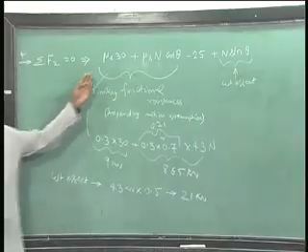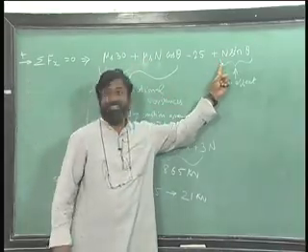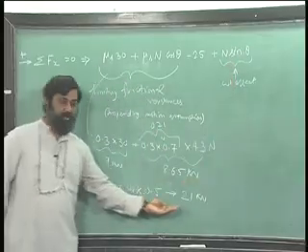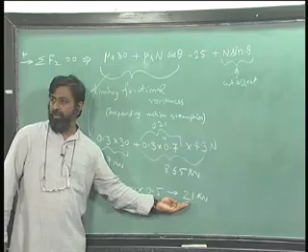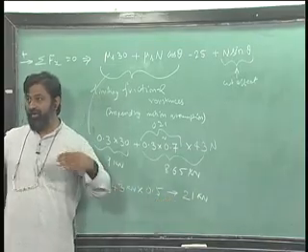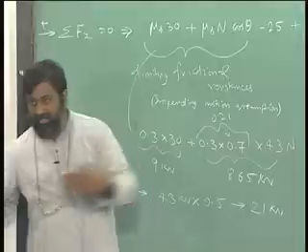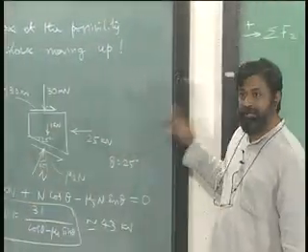So, supposing mu s were 0, then around 18 to 20 kilonewtons of force is offered in terms of sliding, in terms of moving this way.